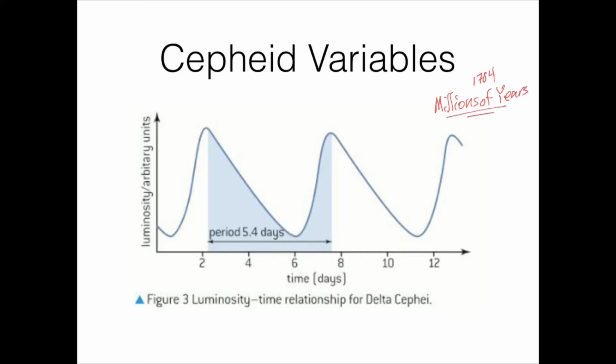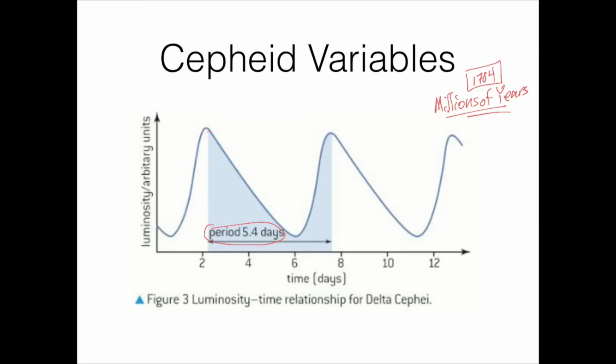For some reason, in 1784, they found this star that was taking a matter of days, right? It took 5.4 days to go from this very brightness down to dimness, and then it would get brighter again, okay? And it actually repeated this over and over and over again, okay?